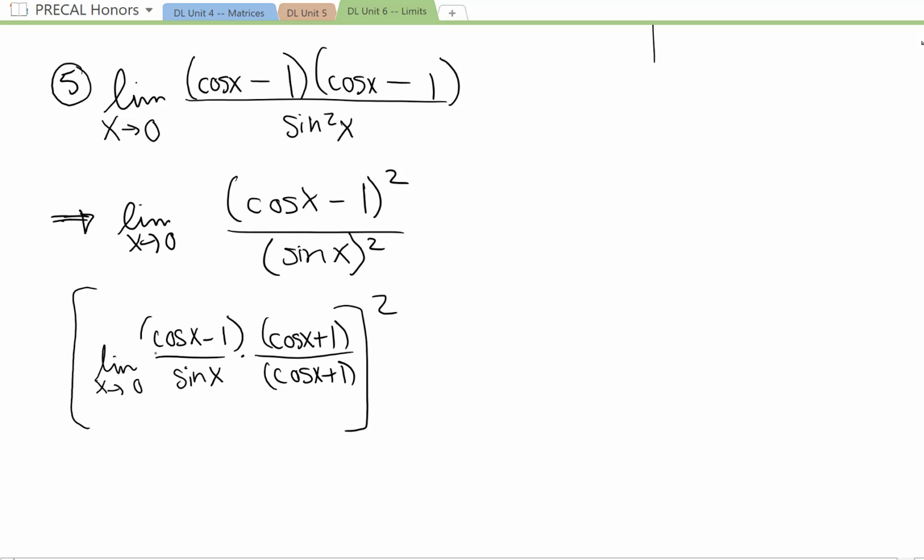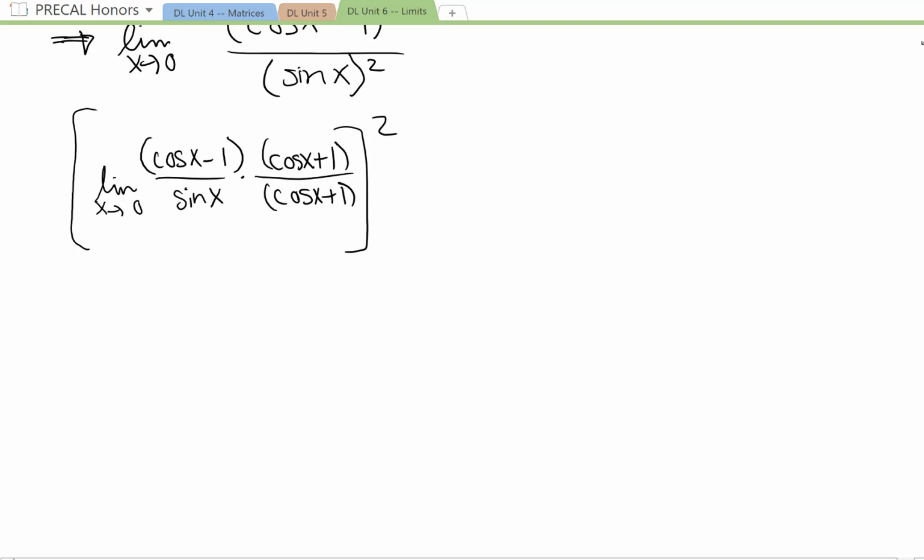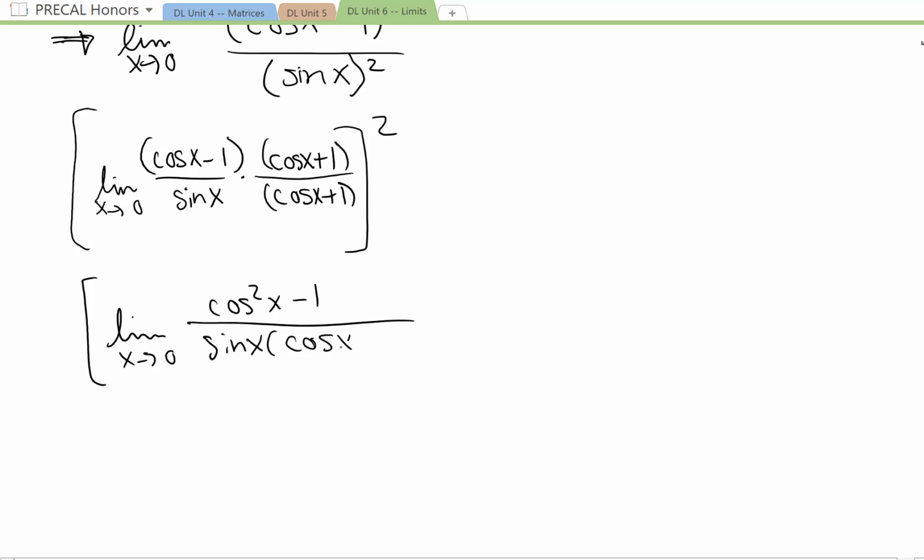If I do this, then the top will turn into cosine squared minus 1. Maybe we can plug in sine squared for that. The limit as x approaches 0 of cosine squared x minus 1 over sine x times this quantity.